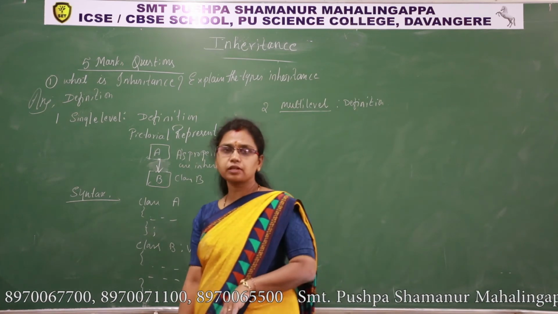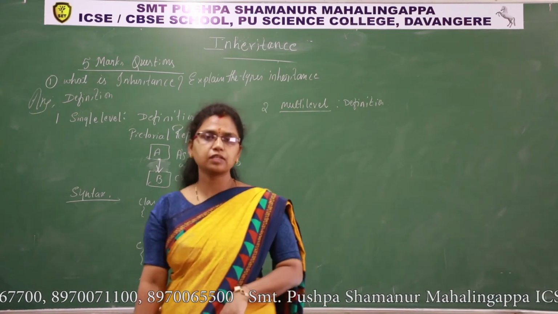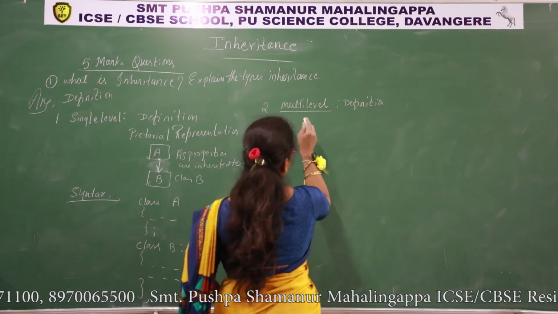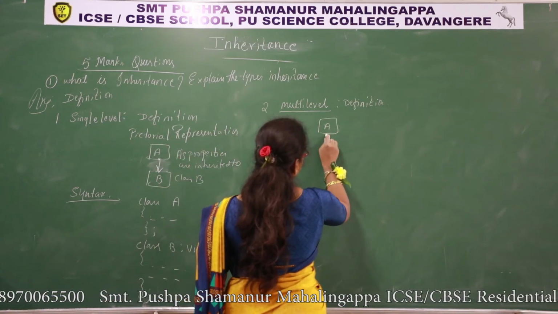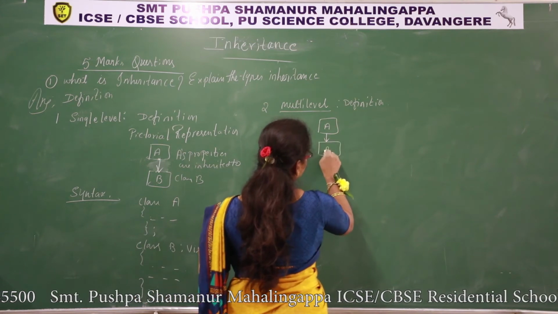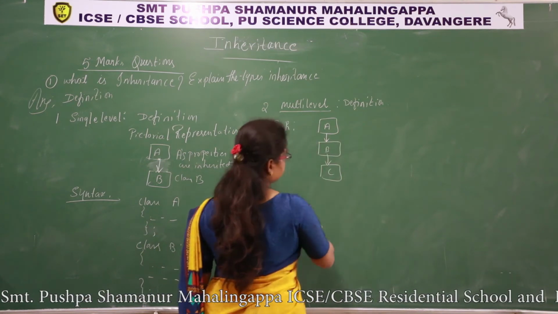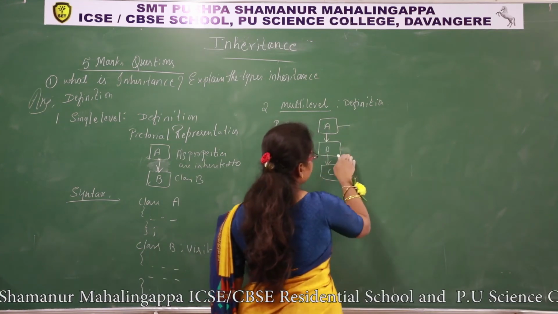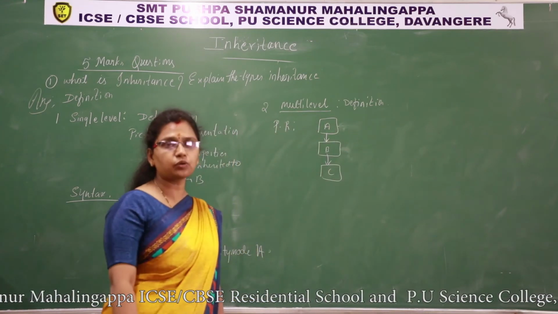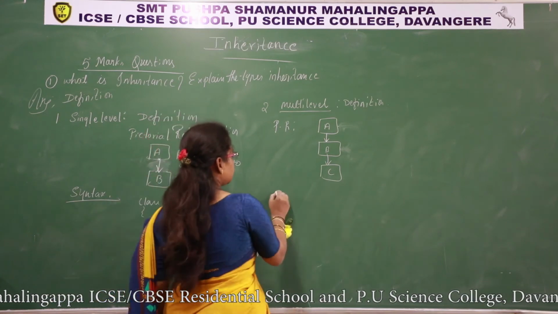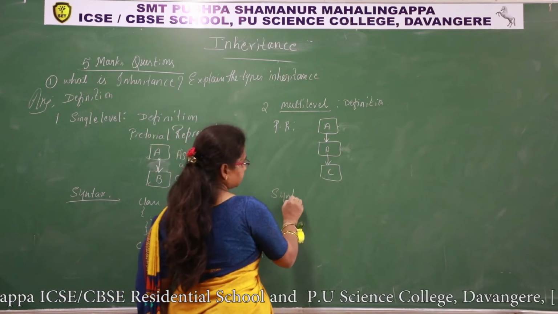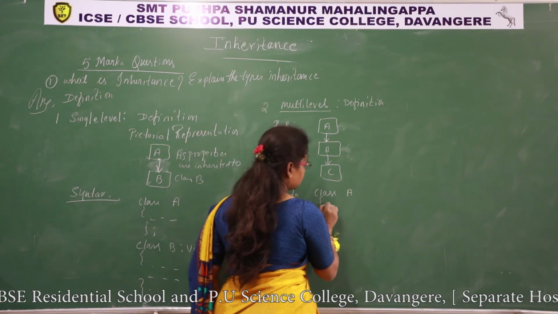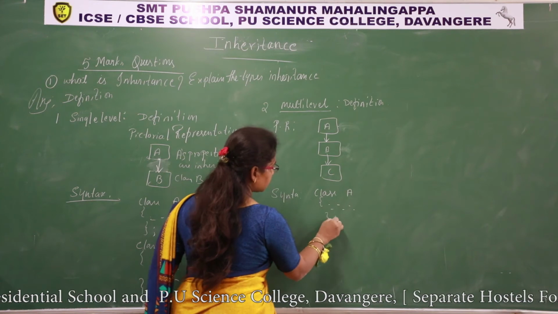A class which is derived from another derived class is called multi-level inheritance. Pictorial representation: A, B and C. A properties are inherited to class B and B properties are inherited to class C. Now syntax. Class A, put some dots here, semicolon.